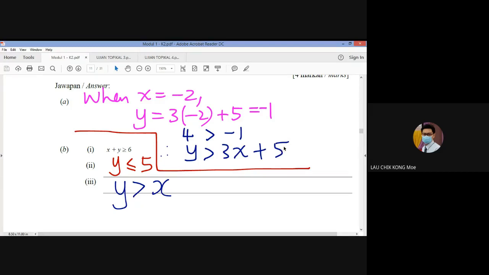You need to show how you determine that the point negative 2, 4 satisfies these inequalities. That is the method. And then the B, you are given x plus y already, right? The first one has been given, but you still write the x plus y. So one of it is y less than or equals to 5.